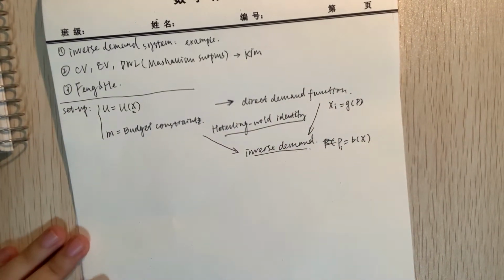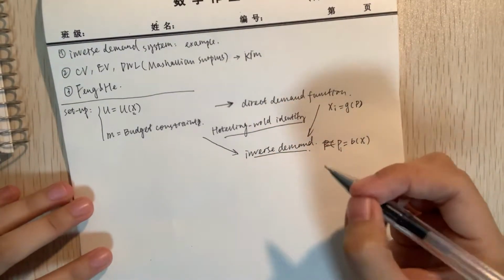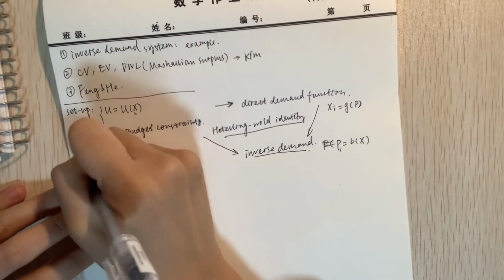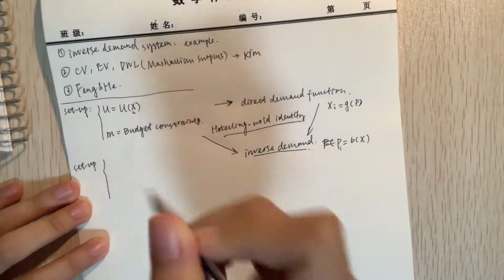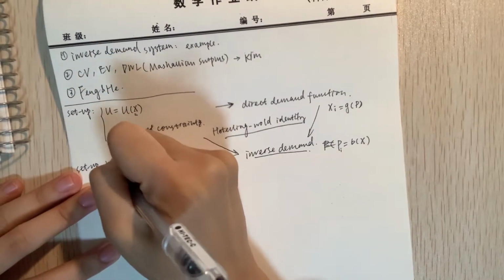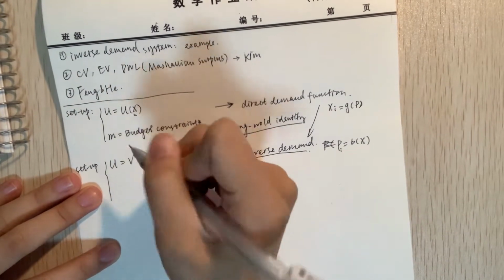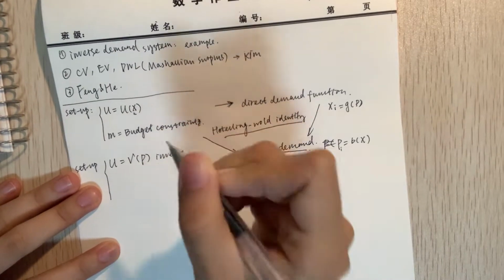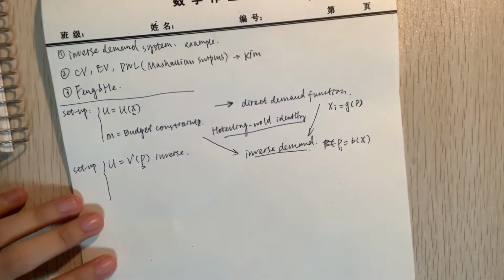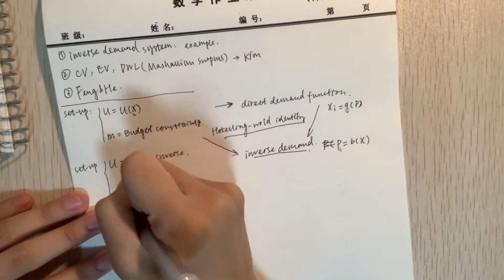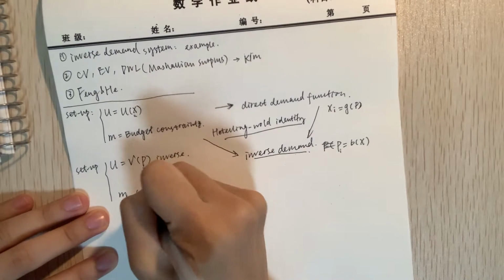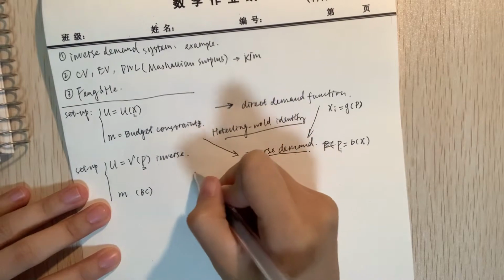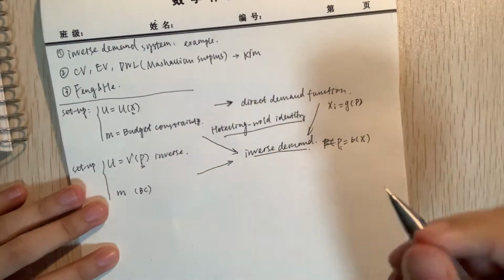Or, in another way, this can also be obtained from another setup. Namely, we now define a new utility function. Actually, it's the inverse utility, which is defined by the level of prices and also the same budget constraint. Solving the optimization problem again gives us inverse demand.